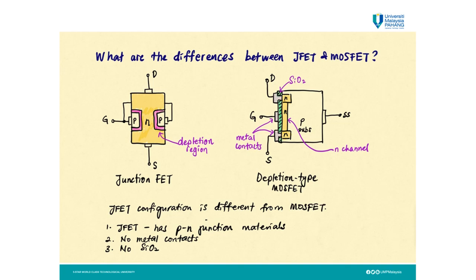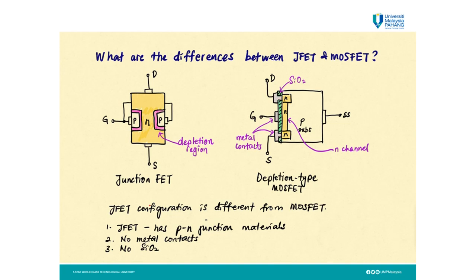You have seen the construction of the JFET, DMOSFET, and EMOSFET. Now, what are the differences between JFET and MOSFET? Can you figure it out?